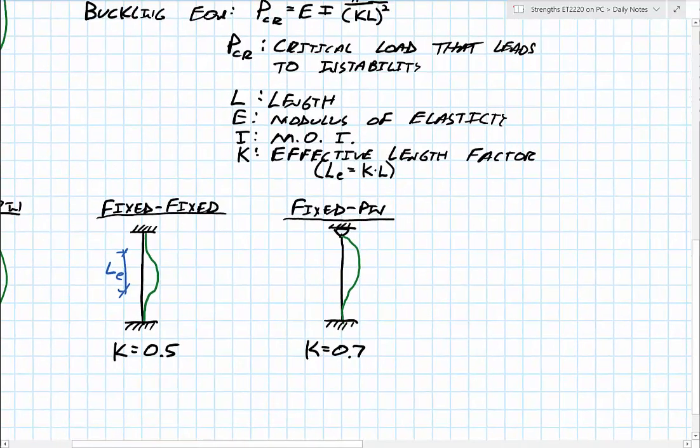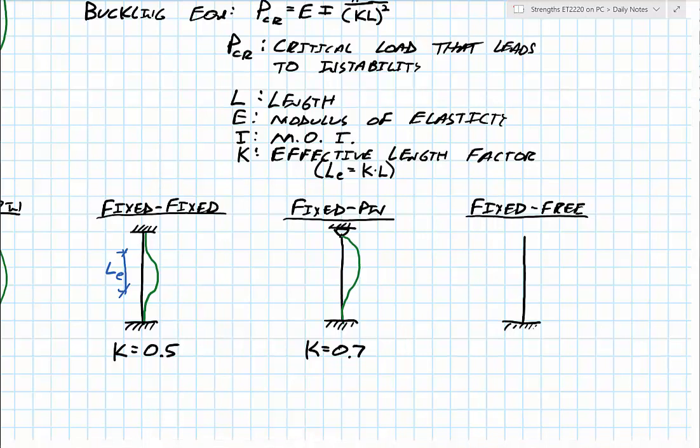Now, the only other scenario we need to look at is what if we have fixed on one end and free on the other, meaning there's no support on the other side. As I apply my load straight down, maybe you can imagine what this would look like, and I would end up with something that looks like this.